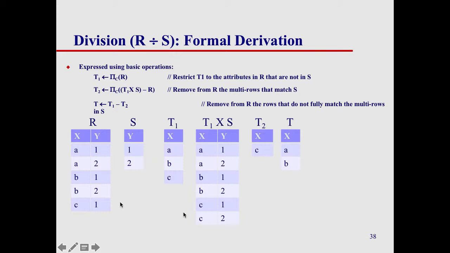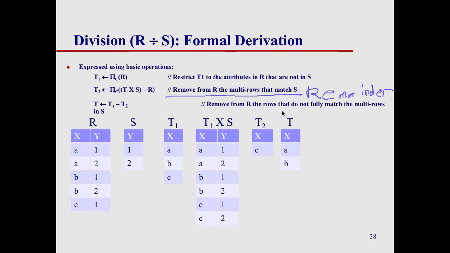Okay, and I'm going to have trouble writing on this slide, but I'll do my best. So let's opt for blue. Okay, and so right here you see the comment, remove from R the multi-rows that match S. So what we really want is the remainder. This is giving us the remainder.